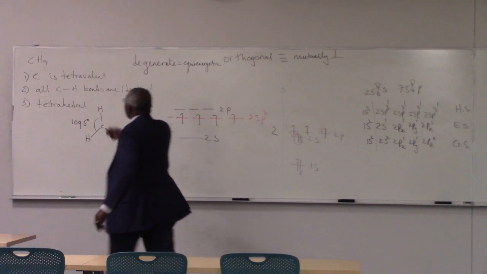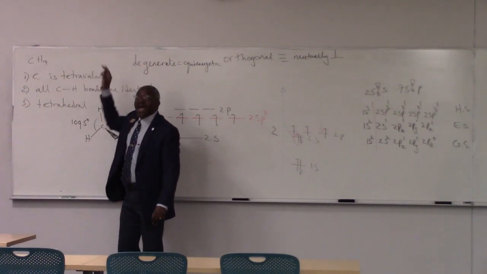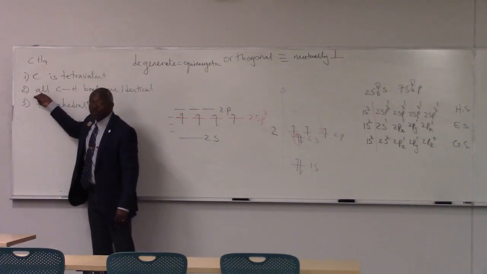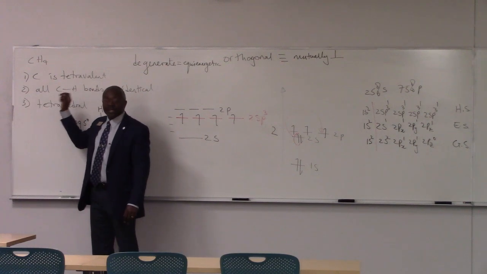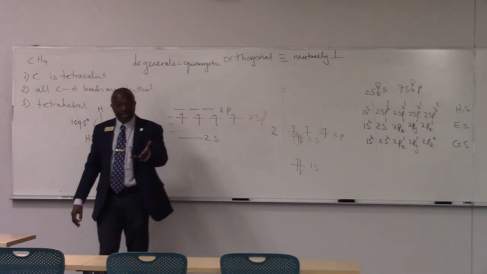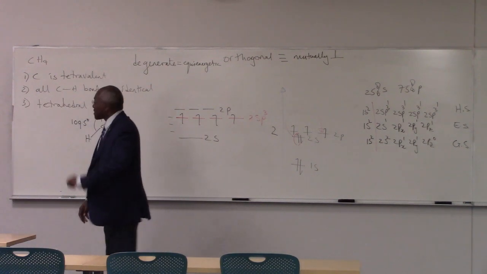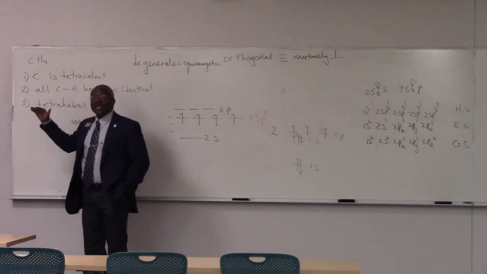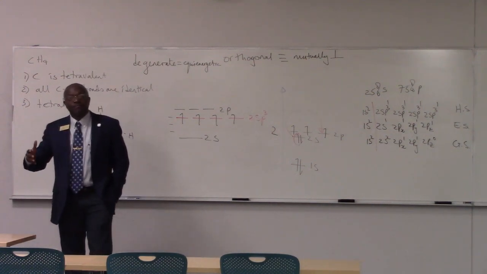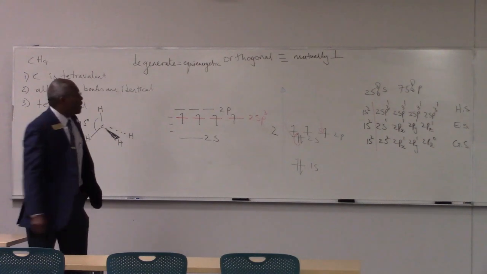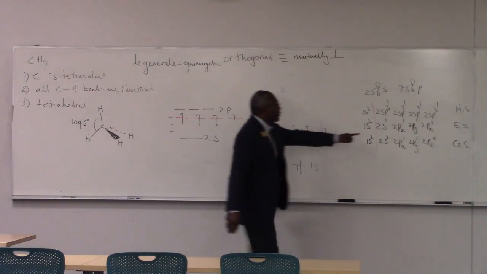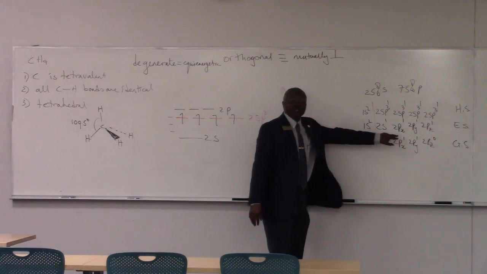So I can explain both the tetravalence of carbon and the fact that all of the CH bonds are identical. Well, that's an improvement. Litmus test: does it explain the tetrahedral nature of the bond? Well, let's see. We no longer have 3 orthogonal p orbitals.